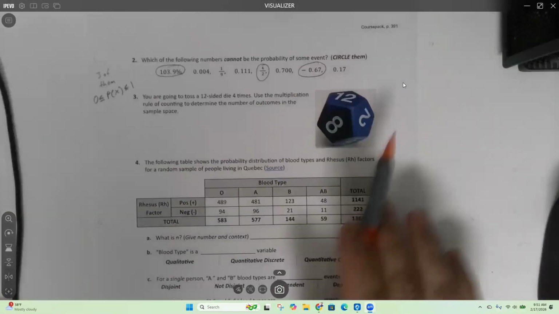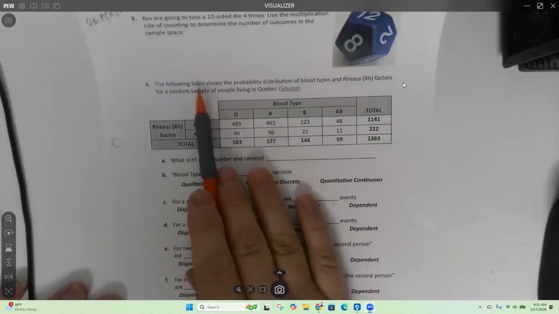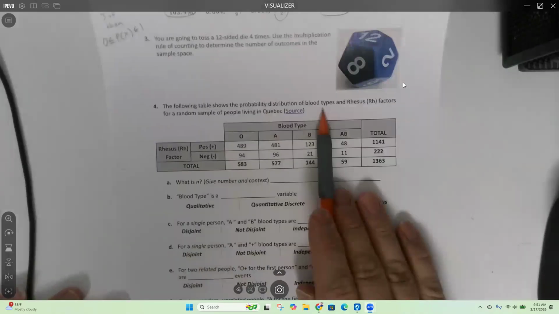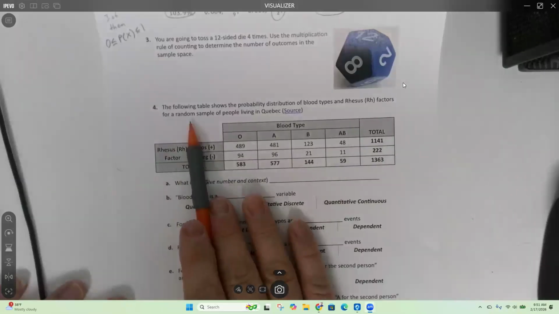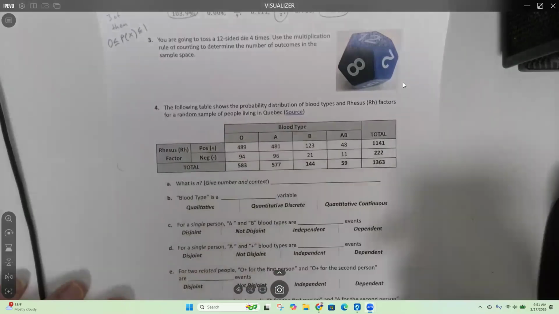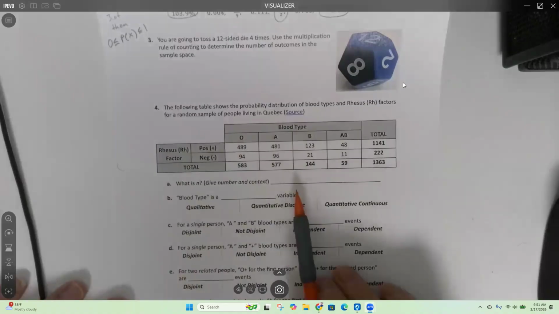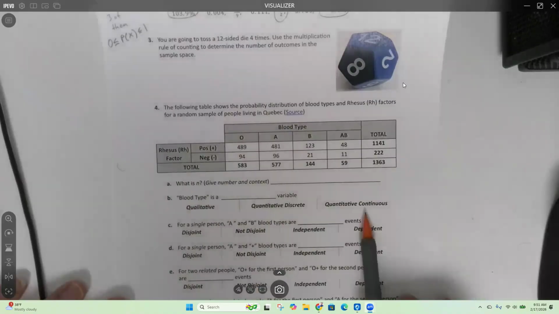All right, question: the following table shows the probability distribution of blood types and rhesus factors for a random sample of people living in Quebec. So blood type, is that qualitative, quantitative discrete, or quantitative continuous?